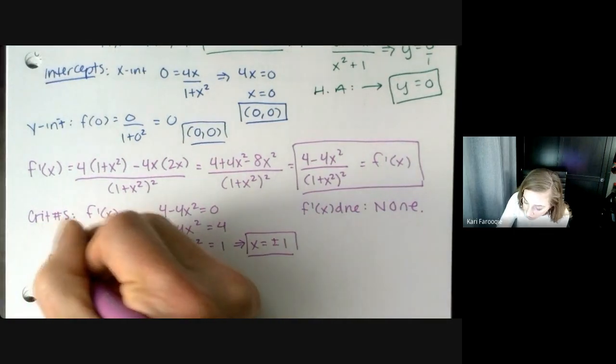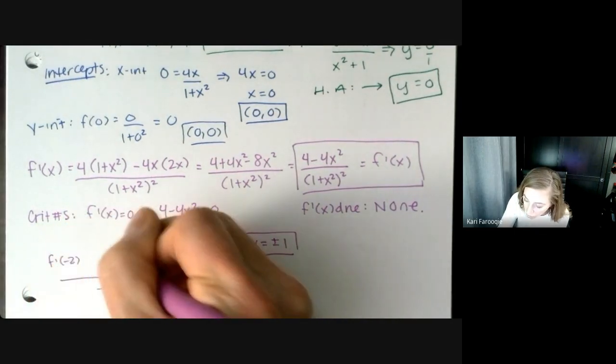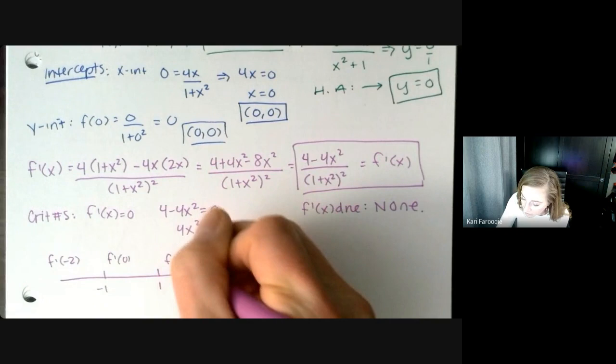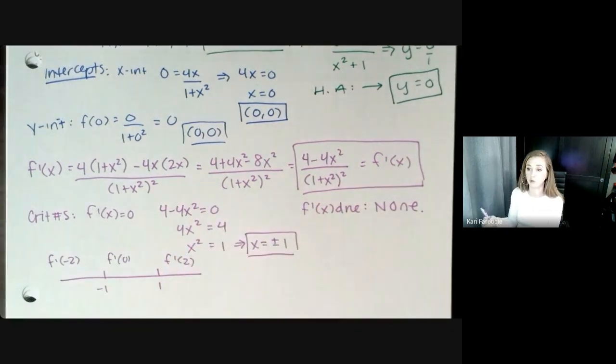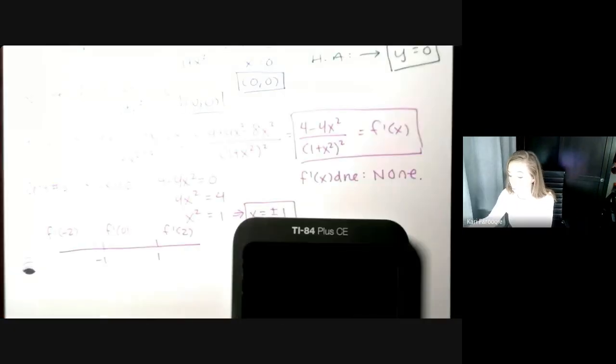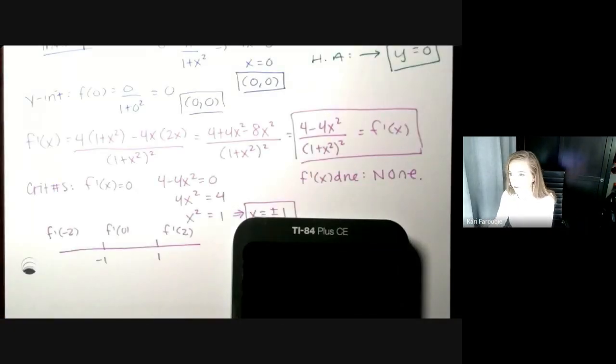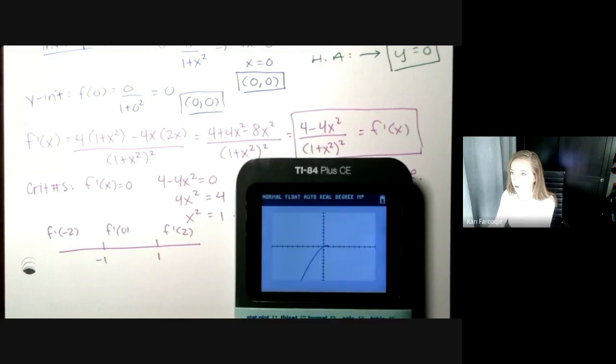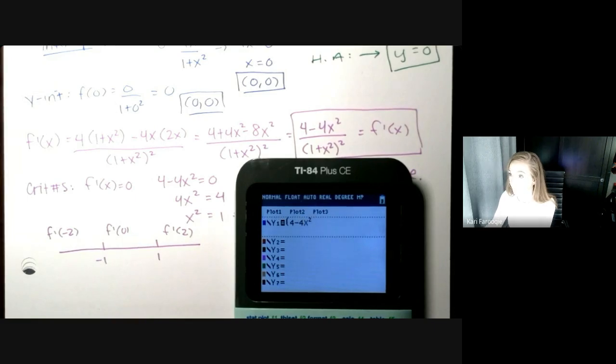I'm going to test f prime of -2, f prime of 0, and f prime of +2, and we'll test all of these in the calculator. Again, up to you. You can do it by hand if you feel like it's a pretty straightforward function. I'm going to go ahead and enter mine as 4 minus 4x squared divided by 1 plus x squared quantity squared.